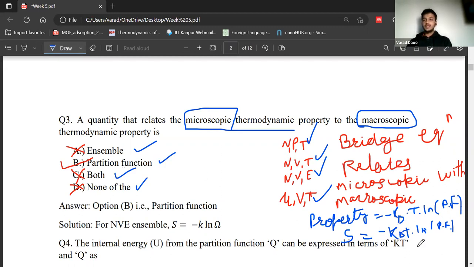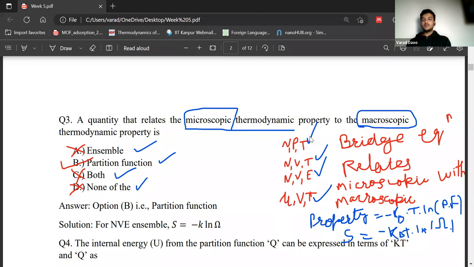The partition function for NVE will be the multiplicity, the number of ways of arrangement. So this is the partition function for NVE.